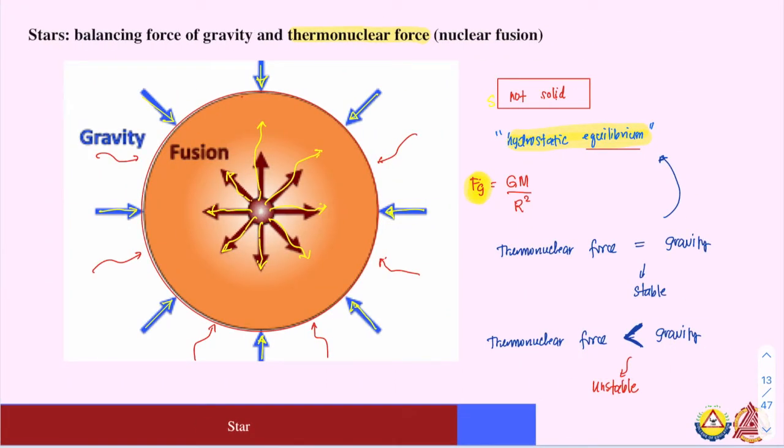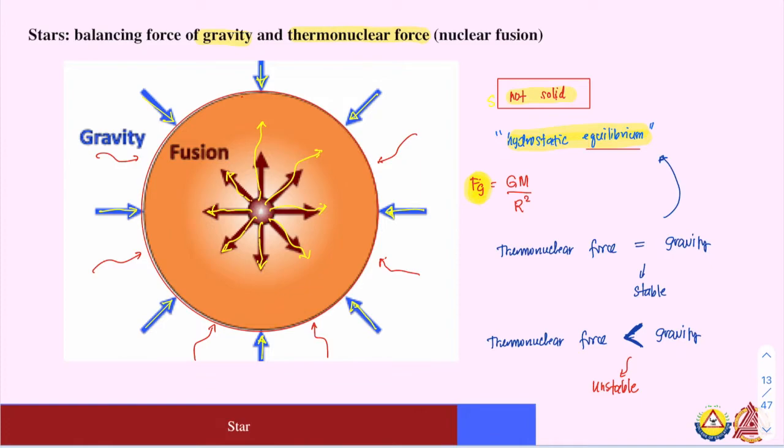Okay. So now again, the force that keeps the star stabilized is what we call in physics a hydrostatic equilibrium. And you have to note that we are not talking of a solid here, class. We are talking of an ionized gas, a state of matter called plasma. So what keeps the star stable is the interplay of two forces: the force of gravity and the thermonuclear force.